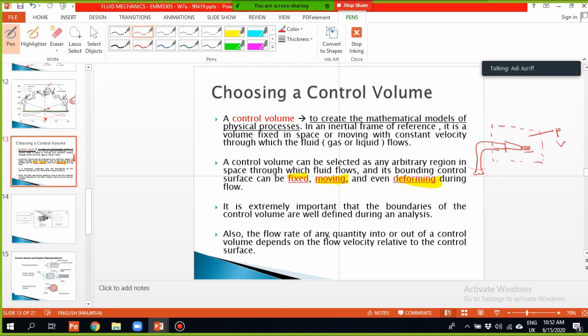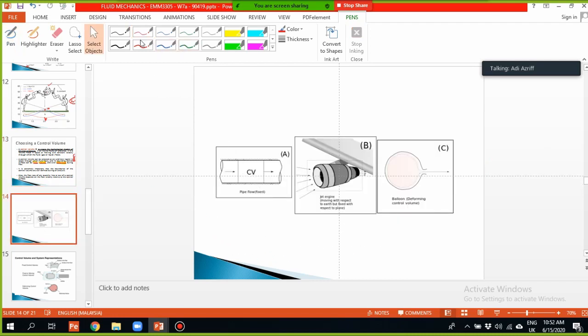The flow rates of any quantity into and out of the control volume depend on the flow velocity relative to the control surface. Okay, this is an example of the control volume. You have A, B and C. This one, in terms of pipe flow, we call a fixed control volume.